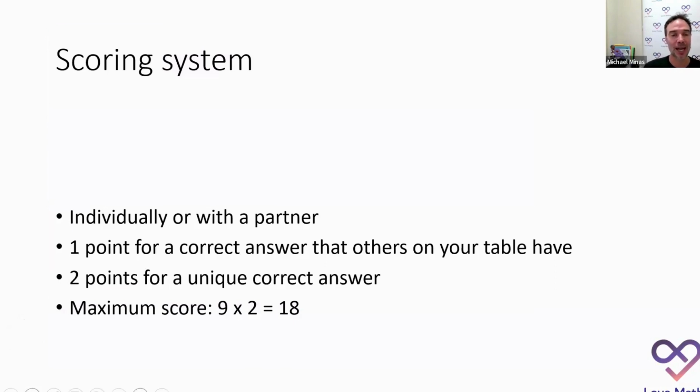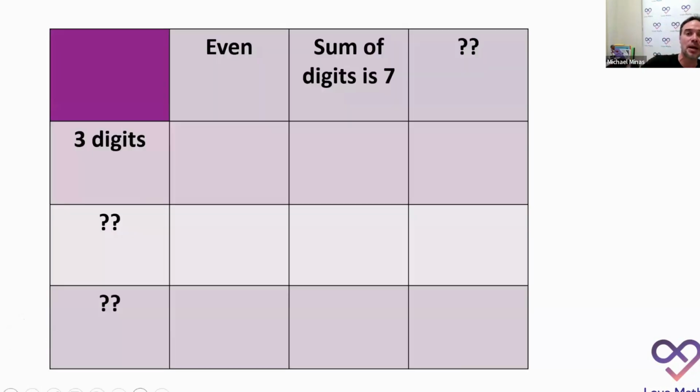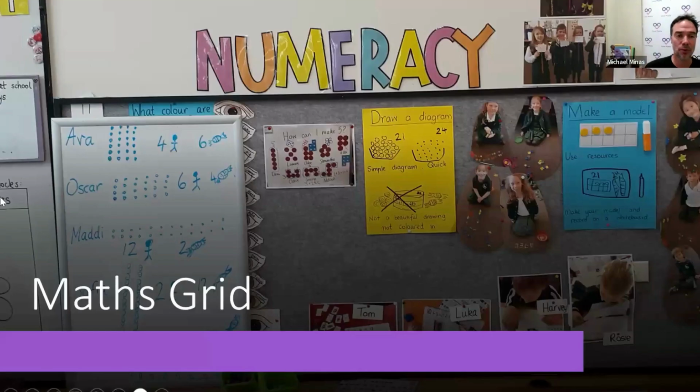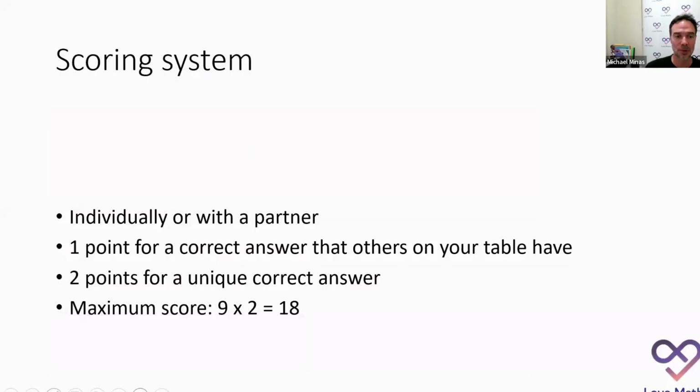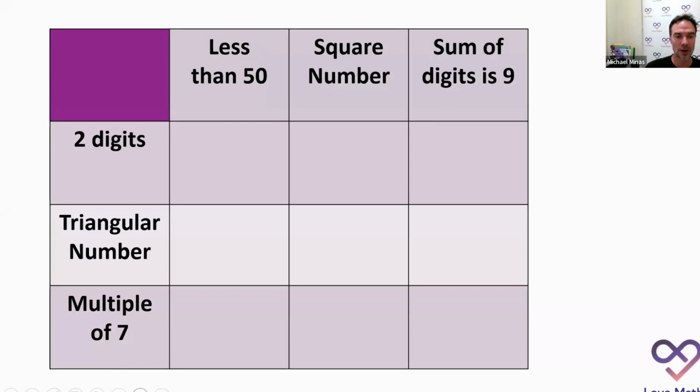When we do this with a class, the scoring system would be, so every number you get that matches the 2 clues, that would be the equivalent of giving yourself 1 tick. That's a tick in that box. But if you come up with a number in this box that nobody else has got, then you would score yourself 2 ticks. So the maximum amount of score you could get would be 18 points.